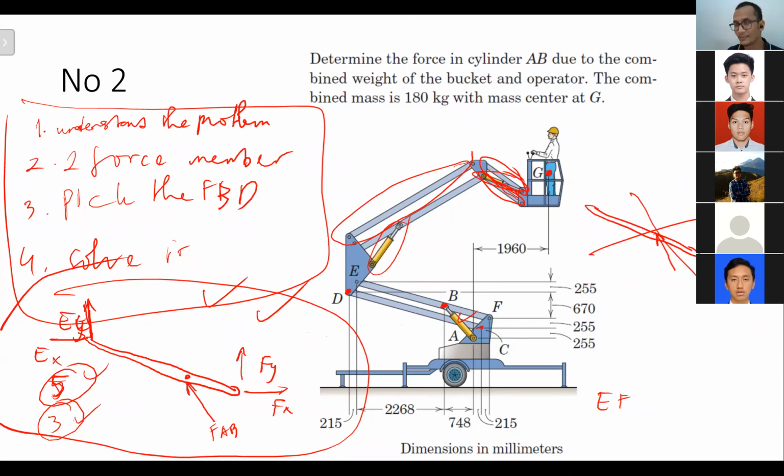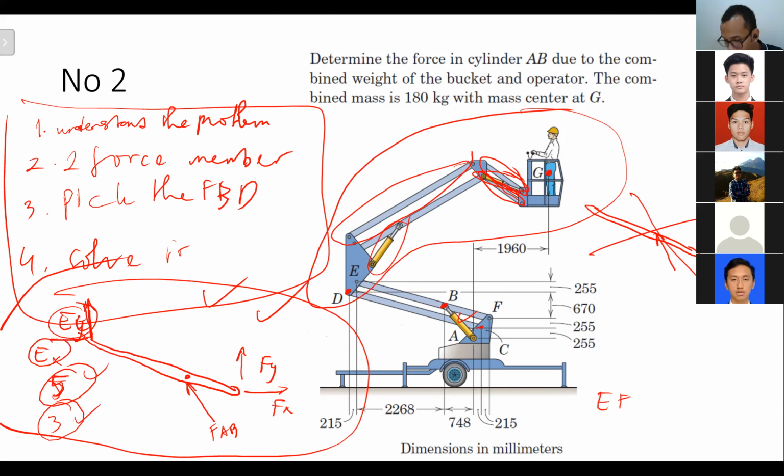It does not necessarily have to be step by step, but the next thing you're supposed to do is solve the one that we can solve, which is not the one below, but the one up, this particular free body diagram. Yes. By doing so, we will be able to solve for EX and EY, right?